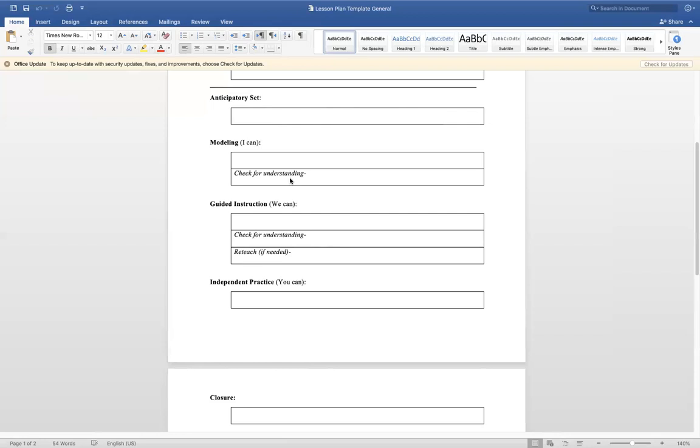Now, the guided instruction is where the students get to practice that. So you have a problem, or you show them another example, or however you're teaching something, then you have them take the responsibility to solve it, or kind of help you do it together.